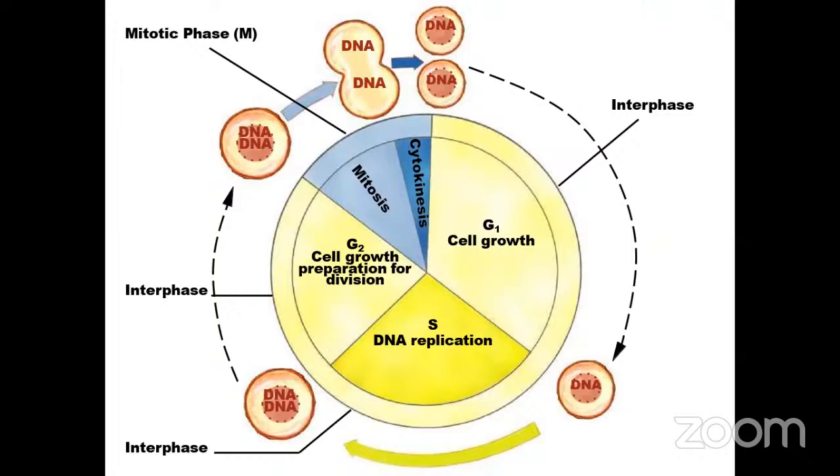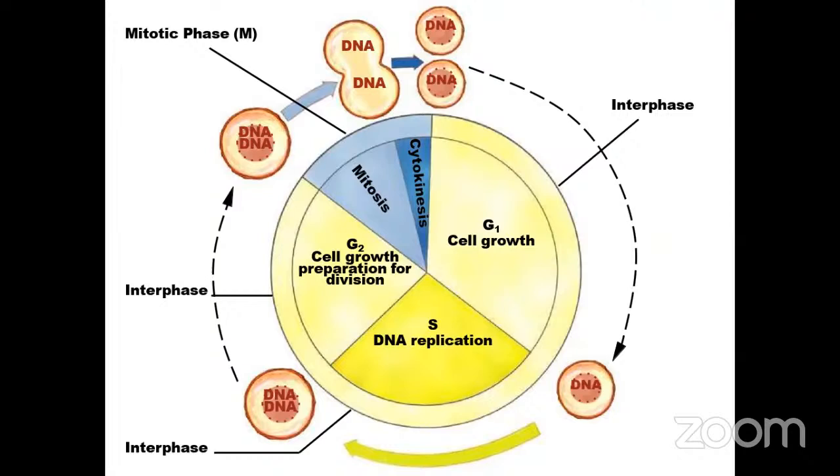It is procuring all the enzymes and proteins required for DNA replication. Here you have only one copy of DNA. Then after S phase, we will get 2 copies of DNA, where the DNA replication takes place.